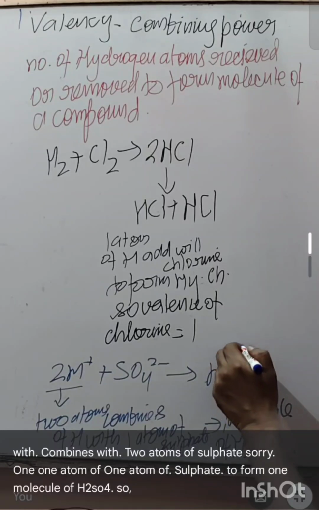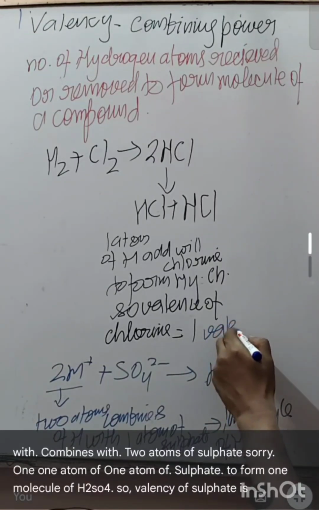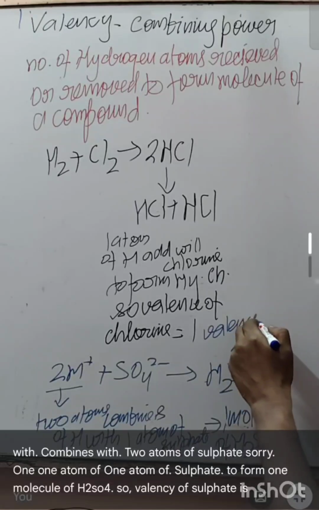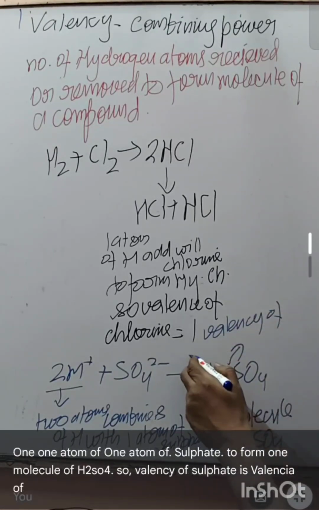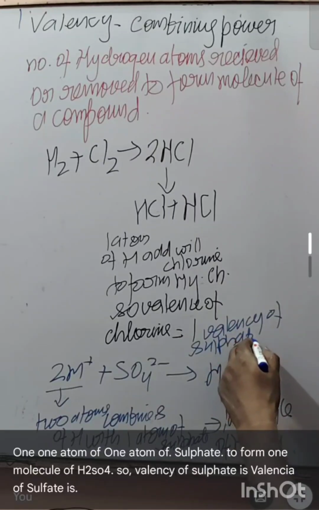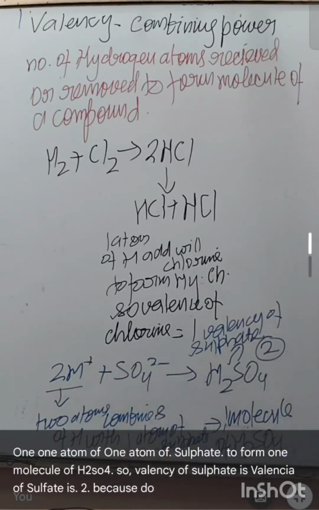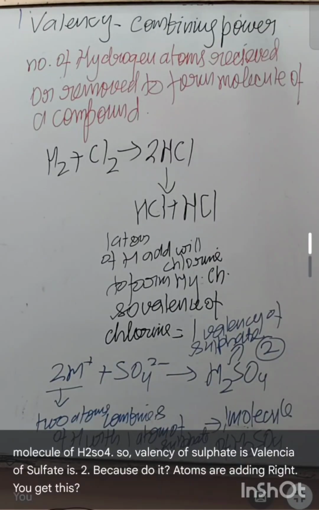So the valency of sulfate is 2 because two atoms are adding, right? You get this? Yes, sir.